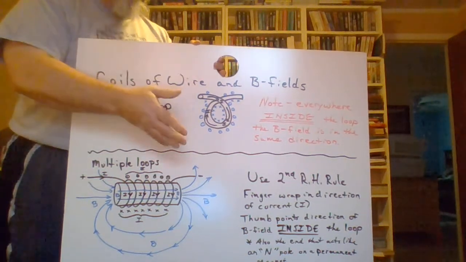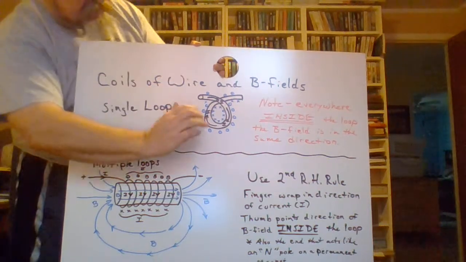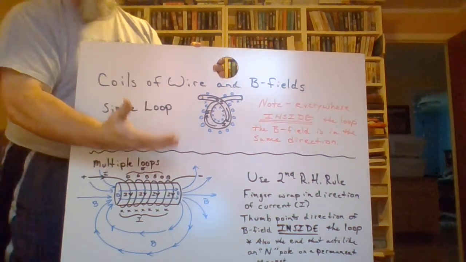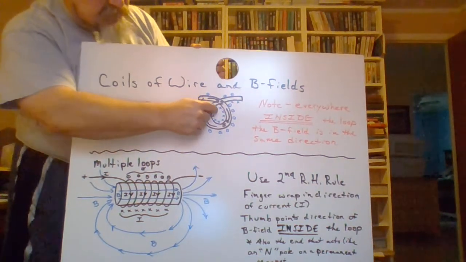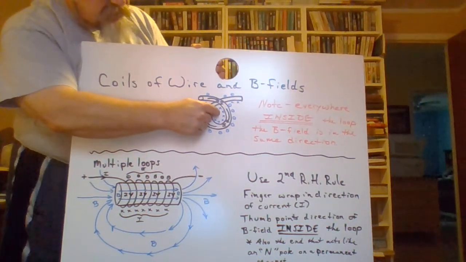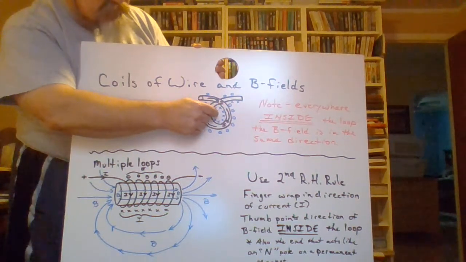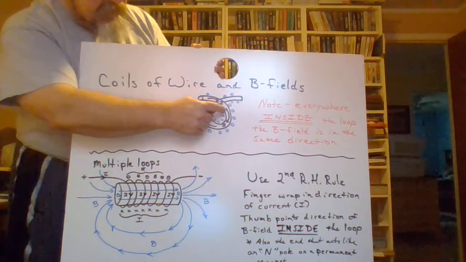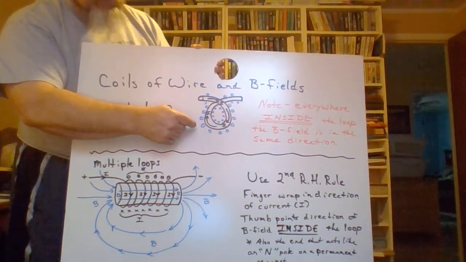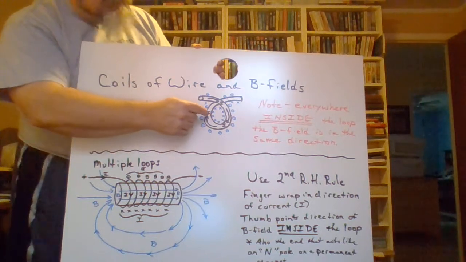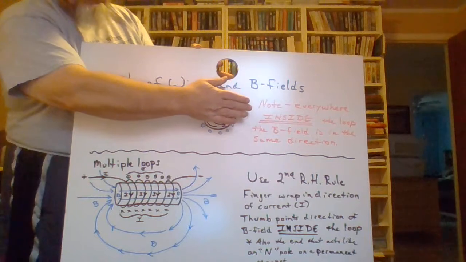I can use my first right-hand rule here, all right? But it gets awkward when we're doing that, all right? But note that inside the coil, we have all the same direction for the magnetic field. Outside the coil, we have all the same direction for the magnetic field. So that means that inside, we have a uniform direction.